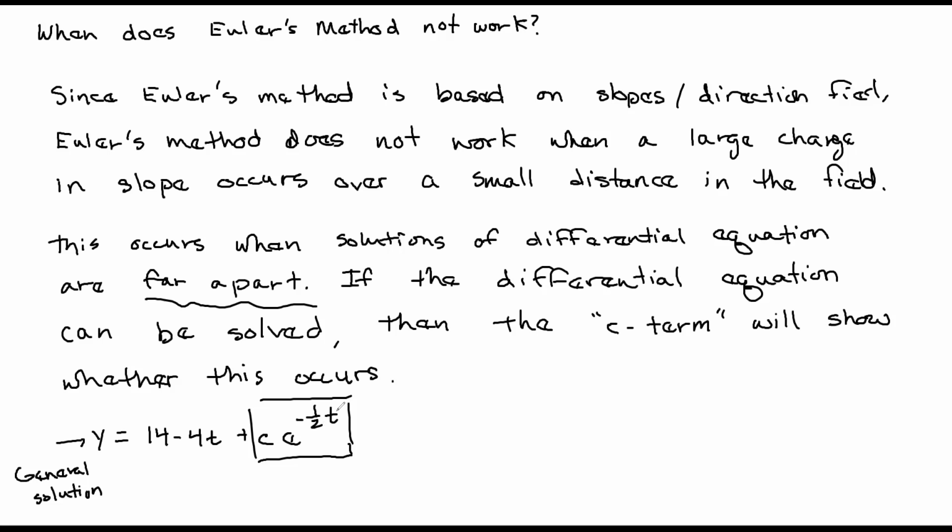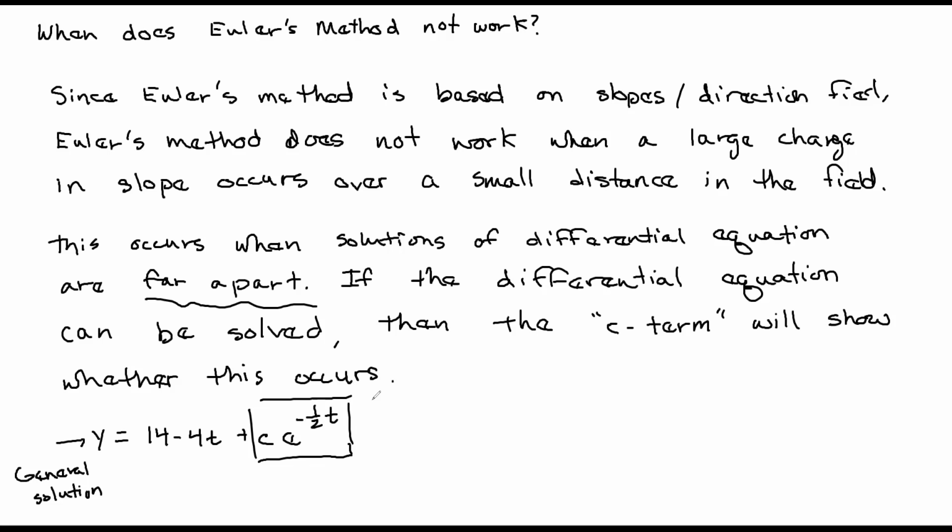Because of this exponential piece that's attached, what can we say about the C value as T gets bigger? Because of that negative exponent, as T gets bigger, that's going to cause that exponential term to get smaller and go to 0. And so that's going to cause the C term to go to 0 as we move across the graph from left to right. And so the solutions are going to get closer together.